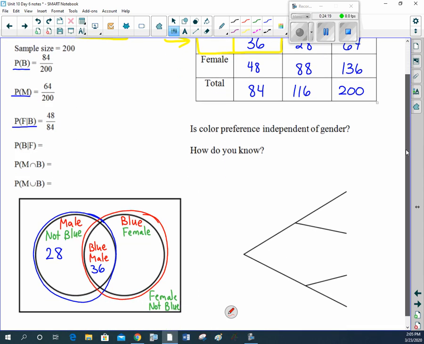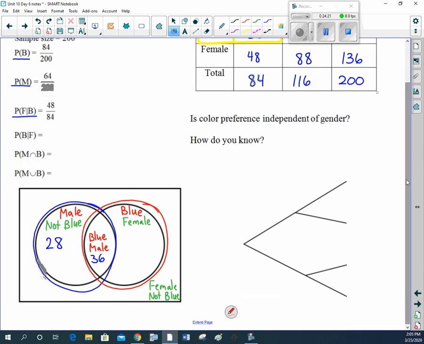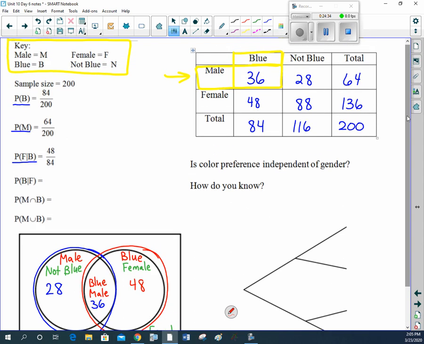Looking at my two-way table, I see that it was 84. So the total circle should be 84. You already know 36 of that, so the rest should be 48. That should match your two-way table: this column right here, blue, female, 48. Those labels should all match. Everything should match.